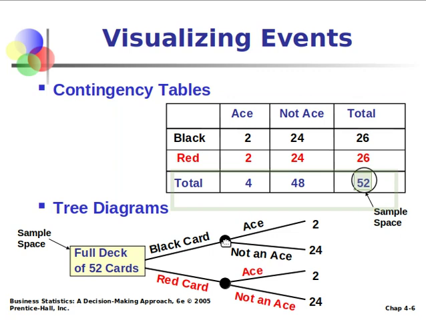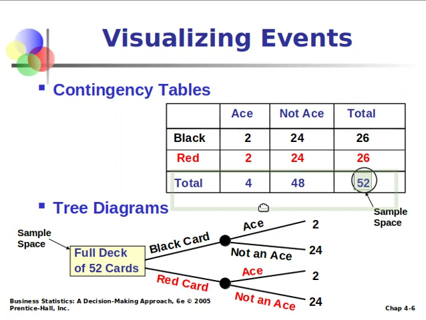We can also visualize events using tree diagrams. Again, using a full deck of cards, which are 52, which again is the sample space, the total combination of all cards.